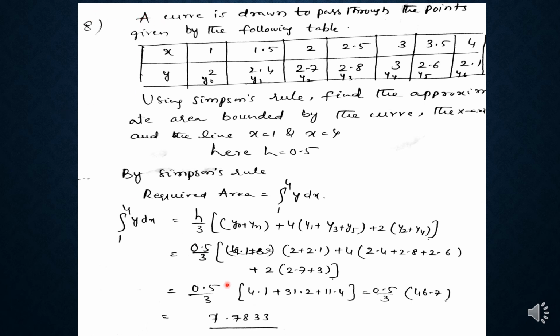So this is the area bounded by the curve, the x-axis, and the lines x equal to 1 and x equal to 4. Here we have the tabular form already, so by using these values we can find the approximate area bounded by the curve by using Simpson's rule.